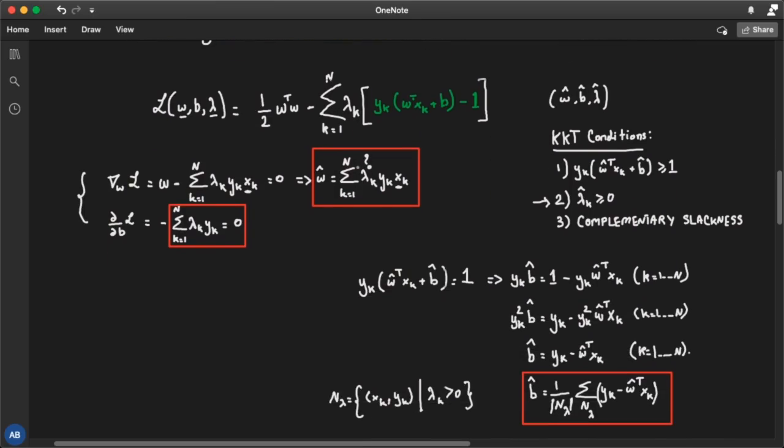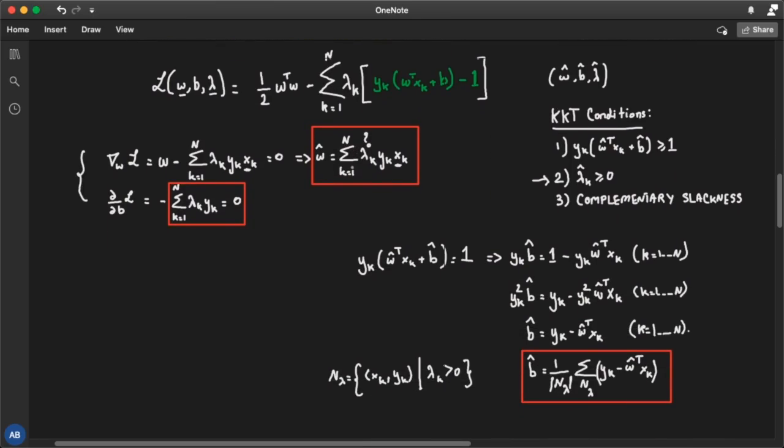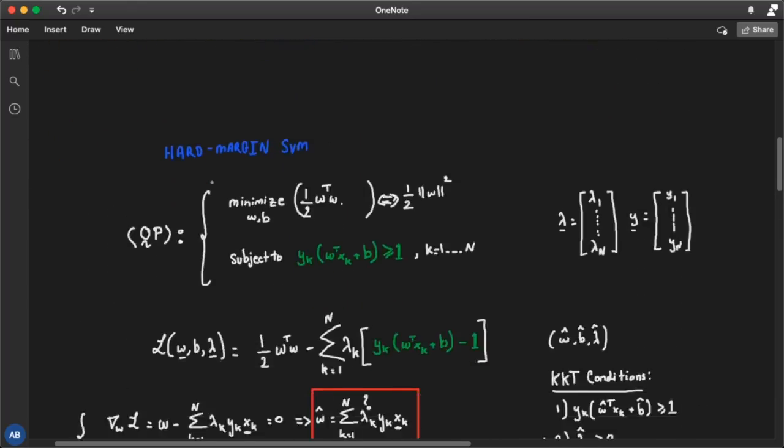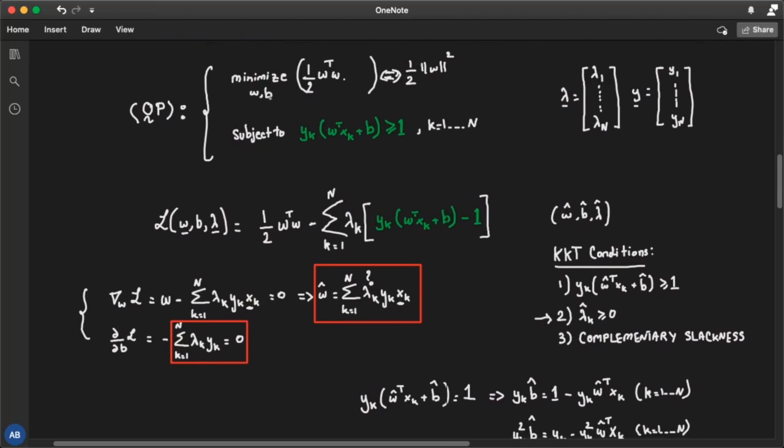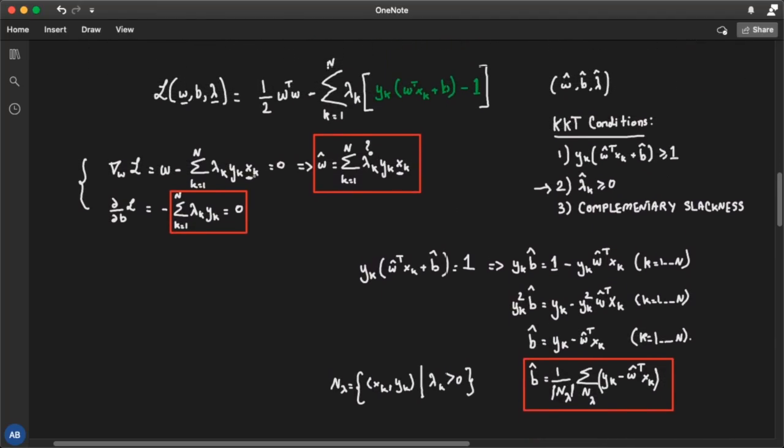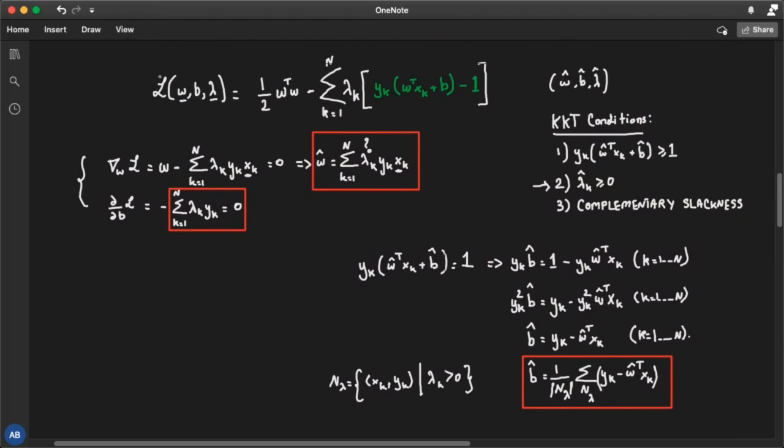So what is the dual problem? The dual problem is the problem where instead of minimizing the cost, I maximize the Lagrangian function at w hat and b hat. So I'll be maximizing with respect to lambda. This function has a name: it's called the dual function, the Lagrangian dual function.